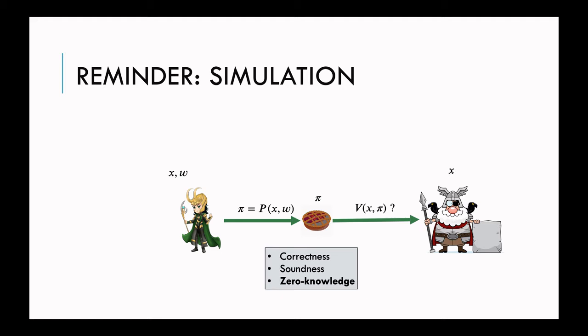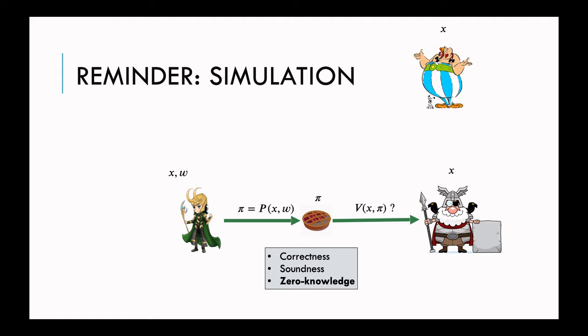Now we want to prove that the argument does not reveal anything about the witness. The simplest and most logical way of doing it is to show that one can construct pi without actually knowing the witness. So a very standard cryptographic proving technique is to assume the existence of a simulator.